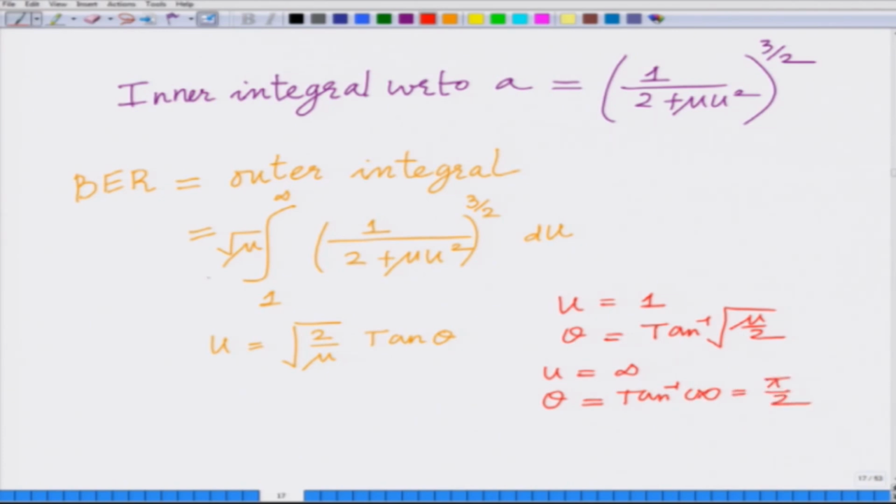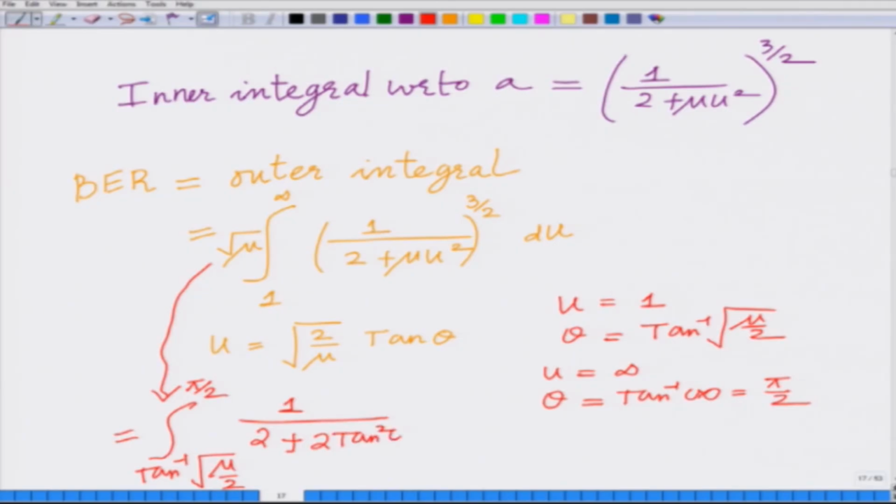So the limits of this integral become tan inverse square root of mu by 2 to pi by 2 of 1 over, substituting u equals square root of 2 over mu tan theta, 2 plus mu u square, which becomes 2 plus twice tan square theta, raised to the power of 3 by 2.